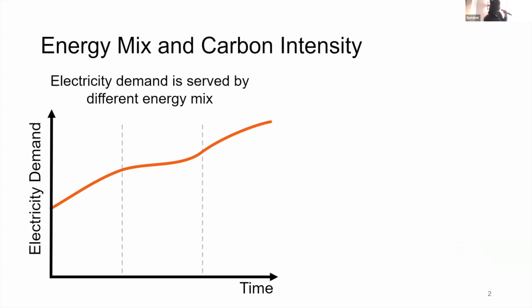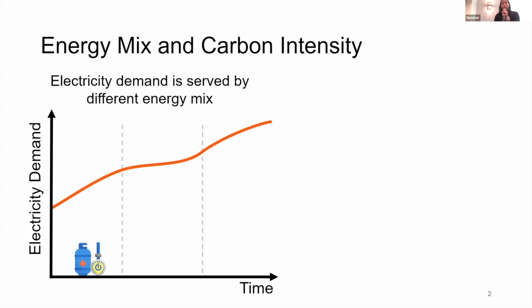To begin this talk, let's look at energy mix and carbon intensity. Let's suppose we have a hypothetical electricity demand that varies with time, and this electricity demand is served by a different energy mix. Let's look at the first time period. The electricity demand is served by gas.